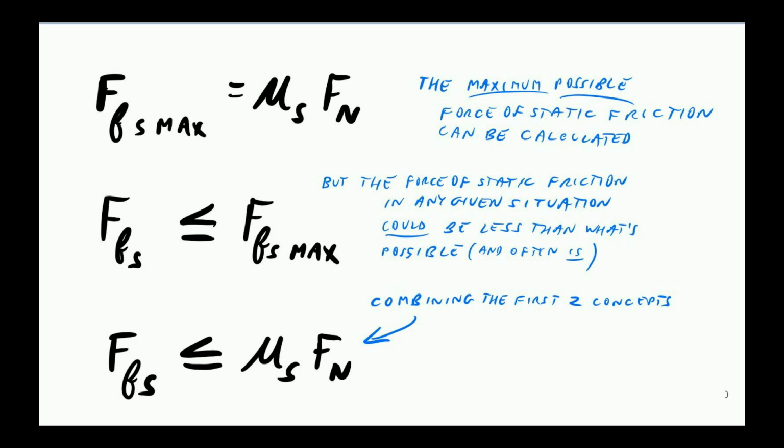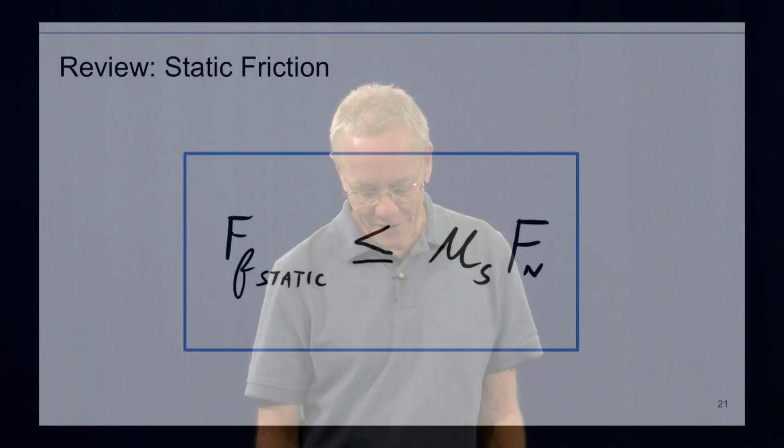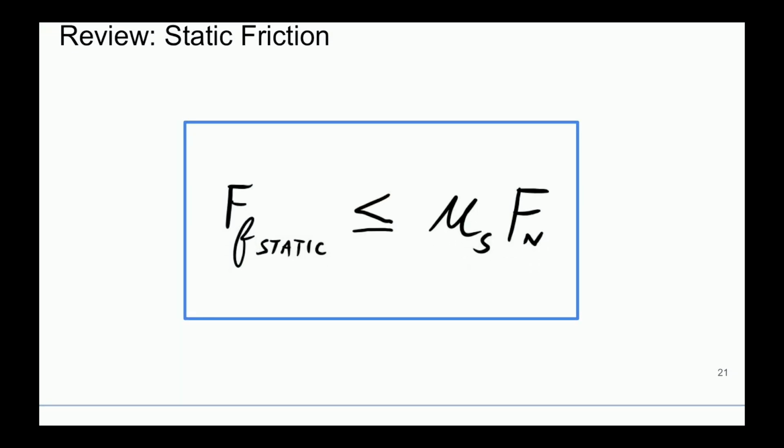I think it's not necessarily helpful to read them. But once you do, you'll be clear on the difference between maximum possible static friction and plain old static friction in a given situation. Let's move on to one more little bit of static friction.